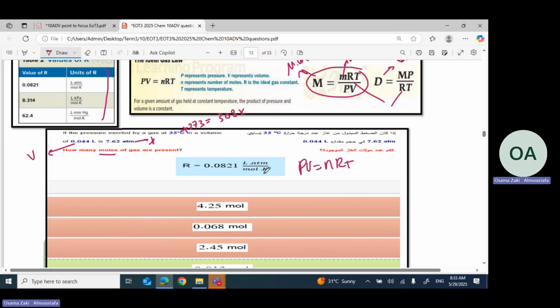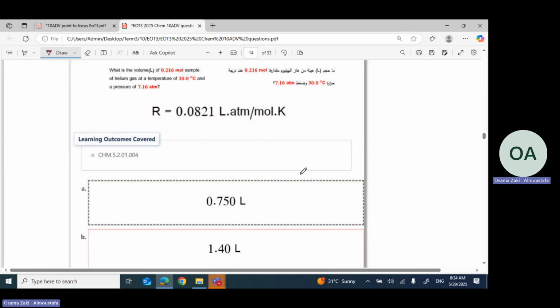P is 7.62 times V 0.044 equals n, number of moles is not given, times R, this is R, times T is 308. Okay, you can use the calculator here.